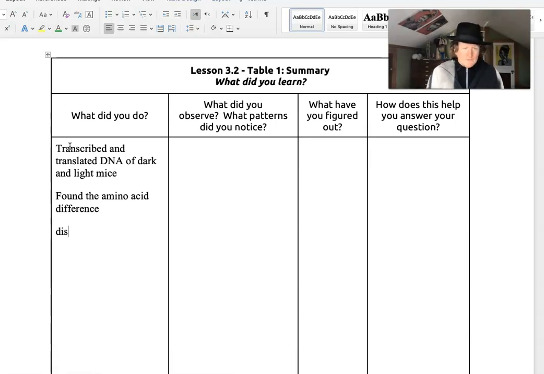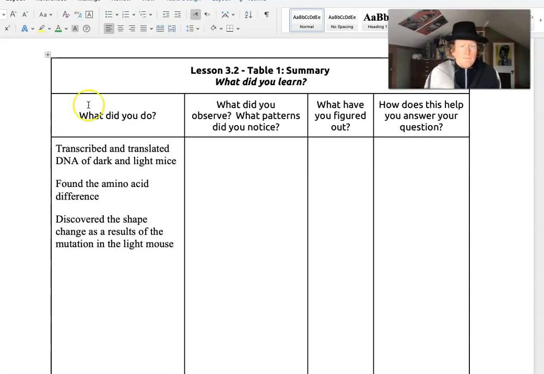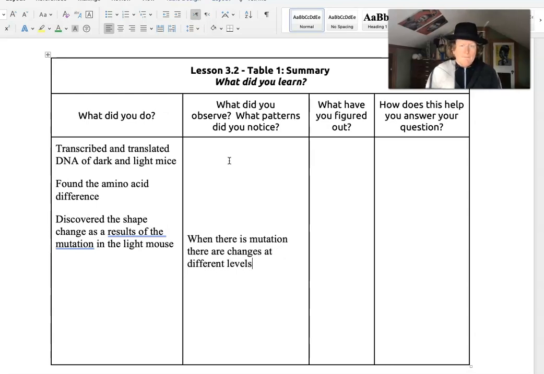And we discovered the shape change as a result of the mutation in the light mouse. What did we observe? What patterns did we notice? Well, we could say when there is a mutation, there are changes at different levels.